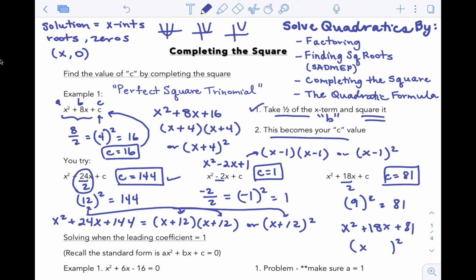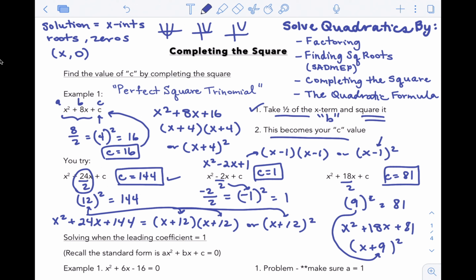When I took negative 2 and cut it in half, I got negative 1. When I factored, sure enough, it ended up having a negative 1. So when I'm doing 18 divided by 2 is 9, I already know that I'm going to have x plus 9 squared. That is not a coincidence.